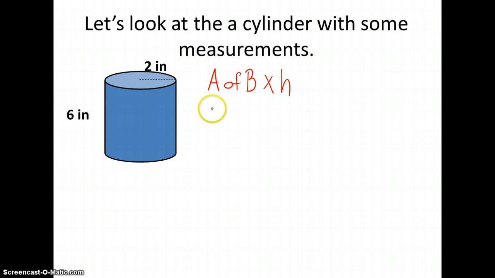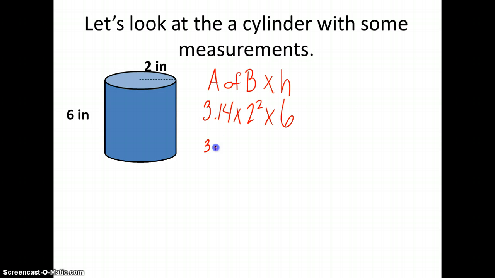In this case, the area of the base, remember, I'm going to need to use pi times radius squared. The area of the base is going to be 3.14 times 2 squared.